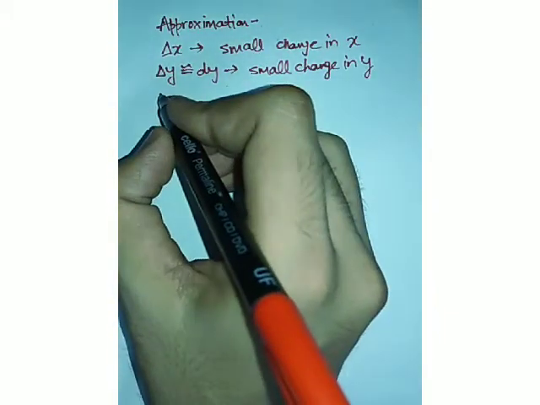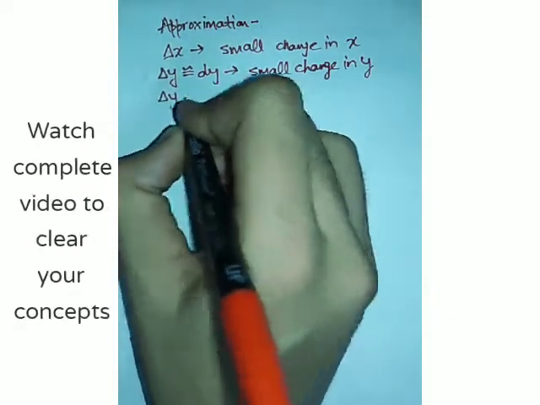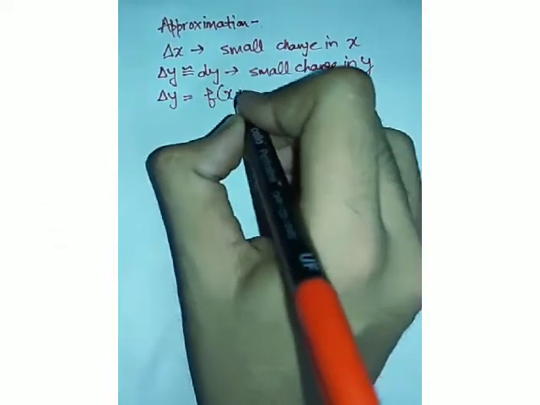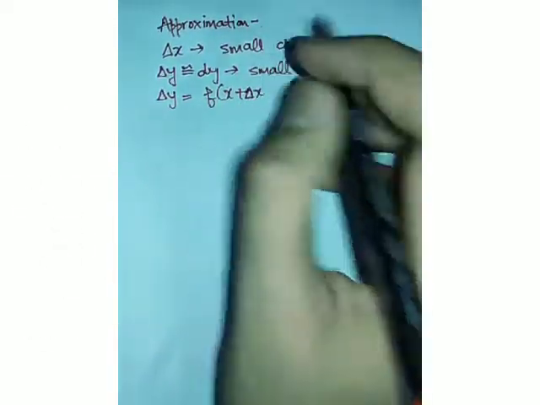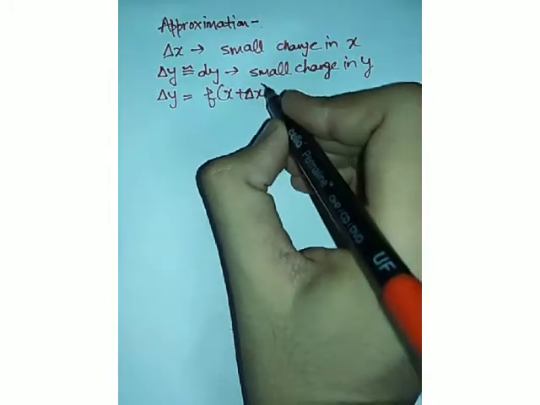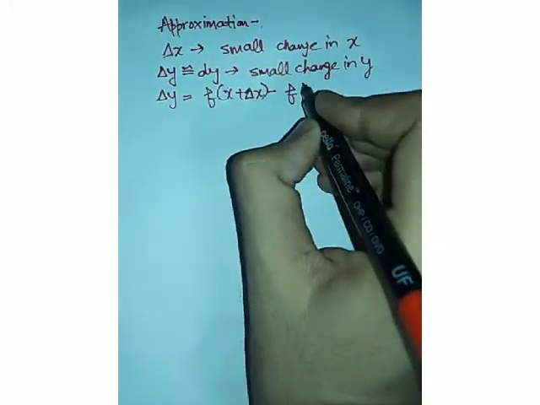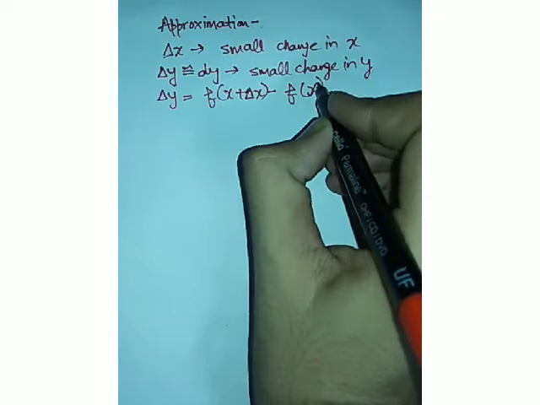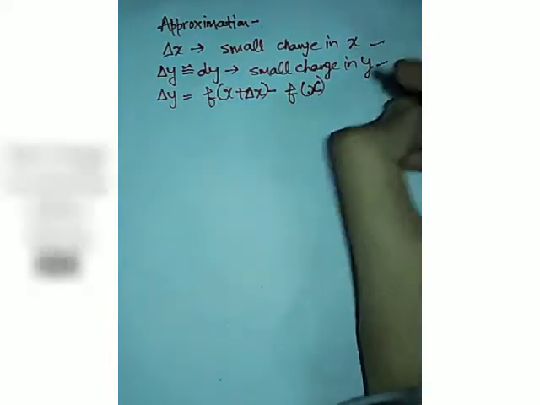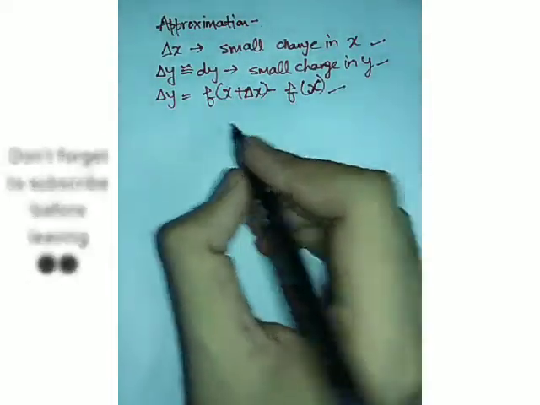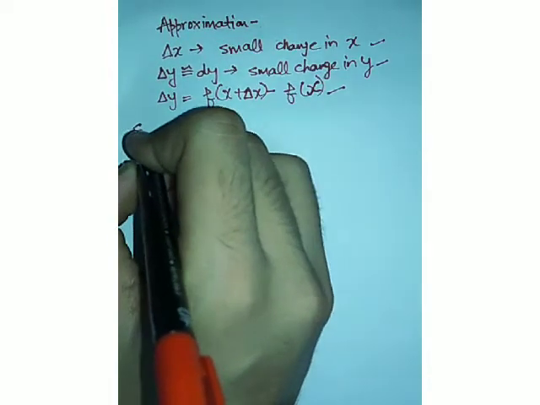And the value of delta y is f of x plus delta x minus f of x. So you have to keep these three things in mind, and the sums will be very easy. So let's start with our very first example.